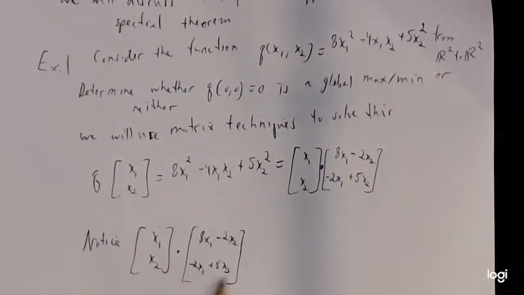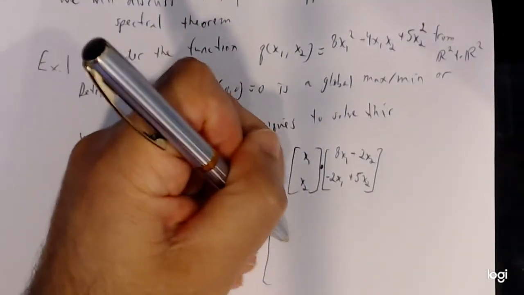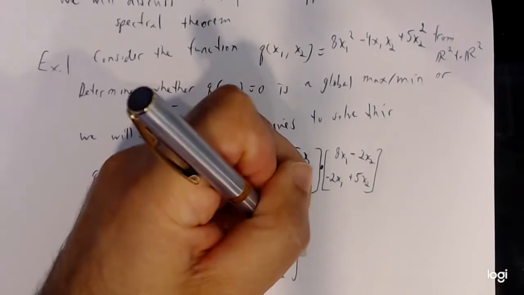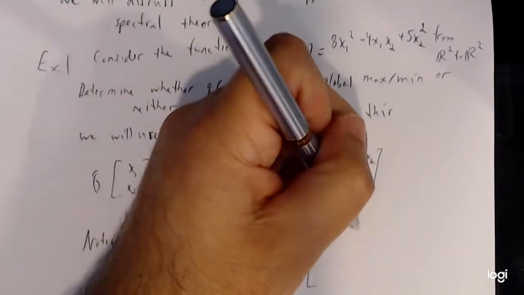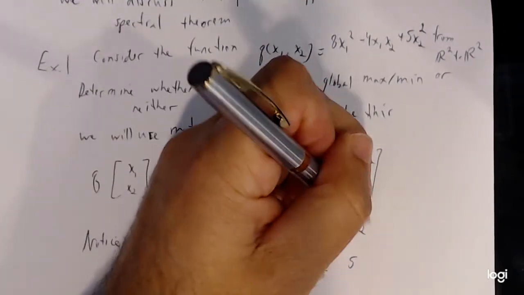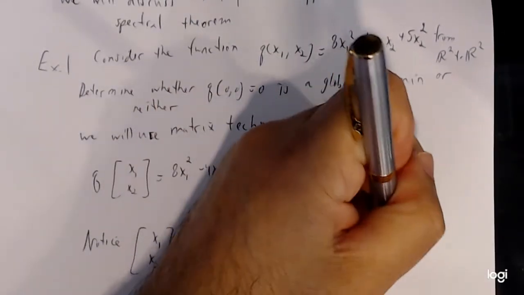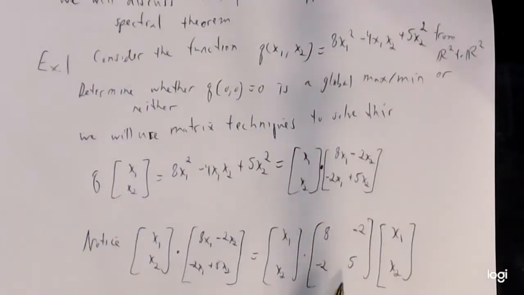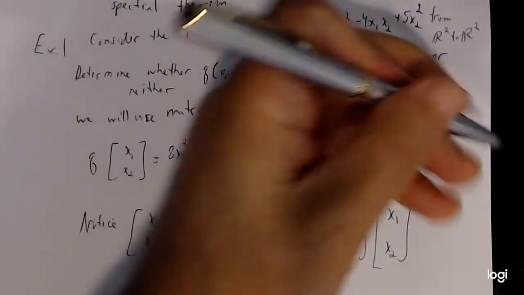We can break this part up further. That's the same thing as x sub 1, x sub 2 dotted with the matrix 8, negative 2, negative 2, 5, multiplied by the vector x sub 1, x sub 2. Now this is matrix multiplication: this matrix multiplied by that vector.